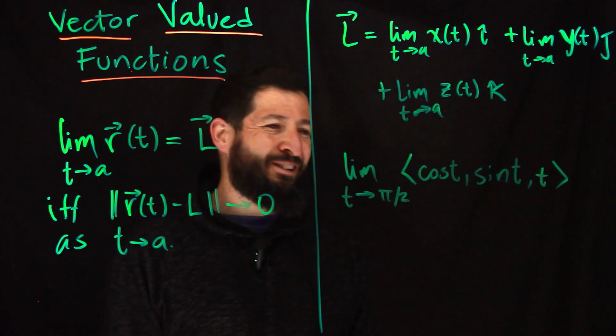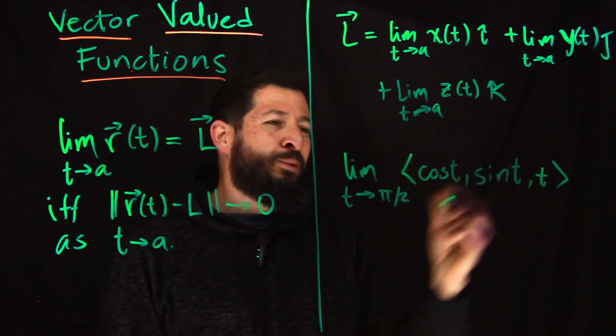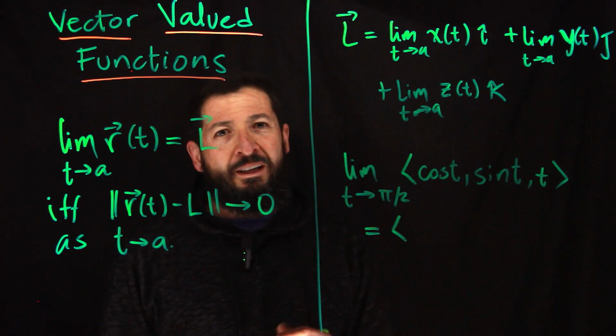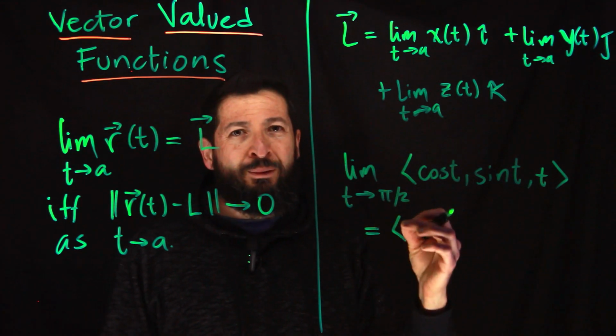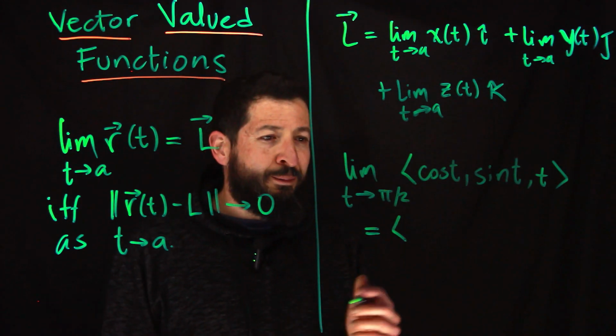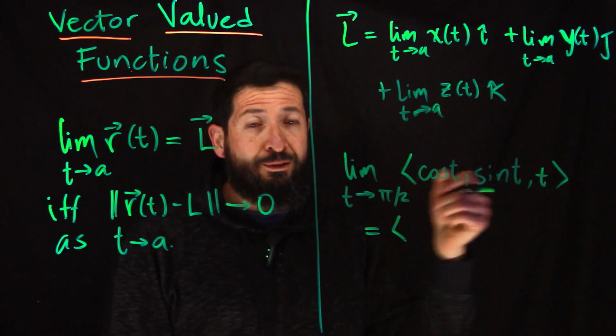Not much imagination, I suppose. Well, you take the limit of each one of them. In this case, the limit would be direct evaluation, but the point is not to show you how to do limits because you've done so many, but how limits for vector valued functions work.